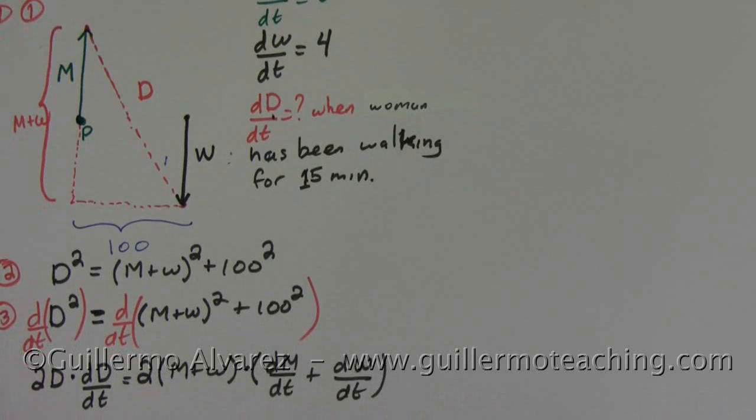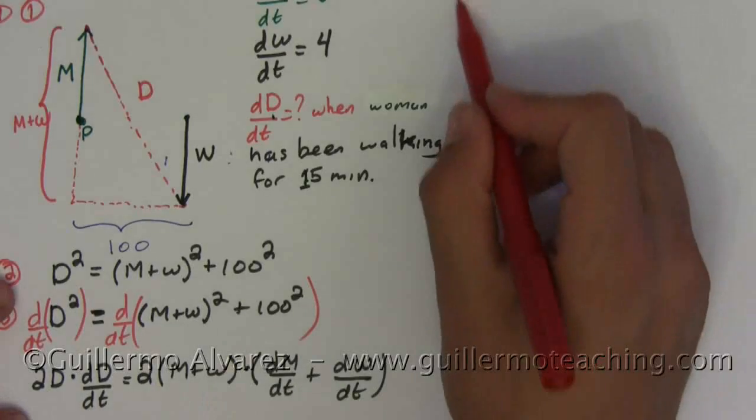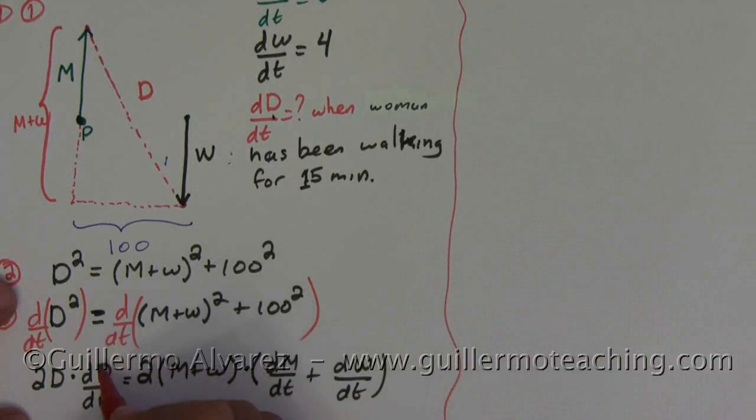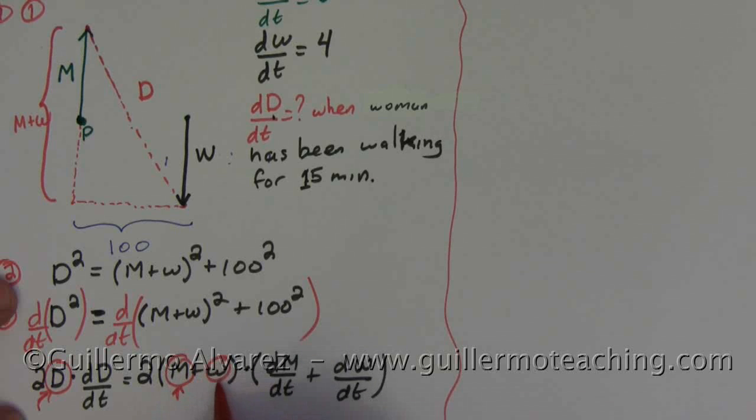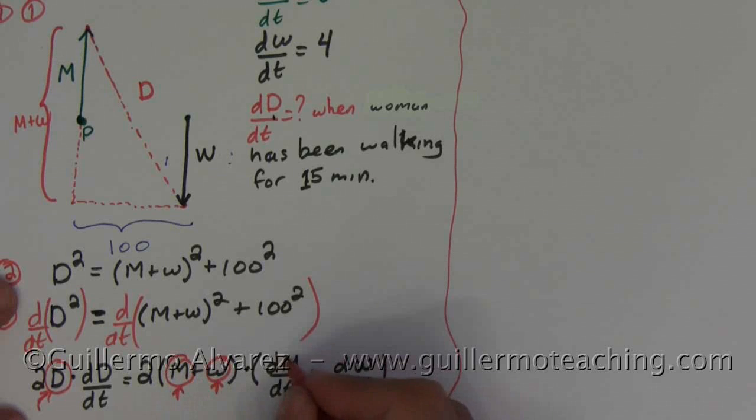Okay, so then I take a look here and I ask myself, do I have all of these pieces of information? Well, D I don't have, but I should be able to find it. M I also don't have, but I can find it. W I don't have, but I can find it.